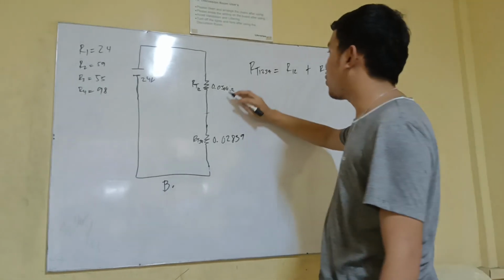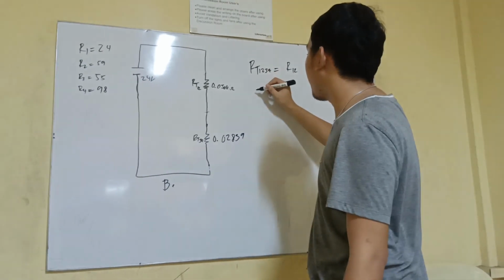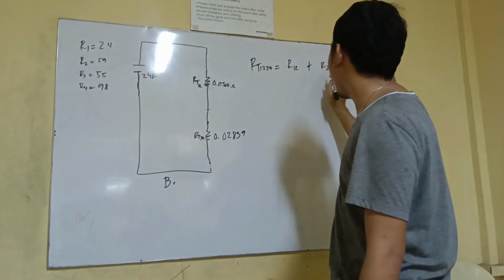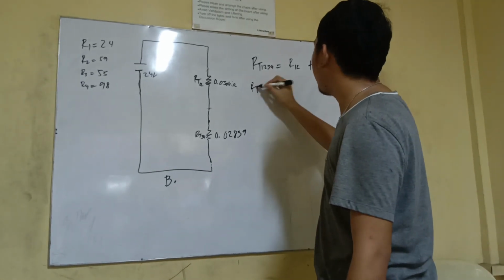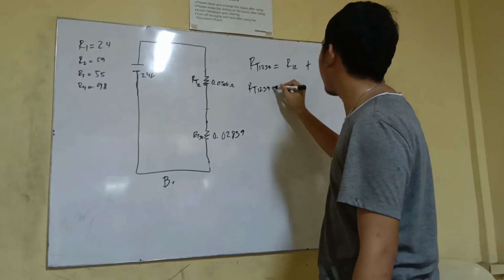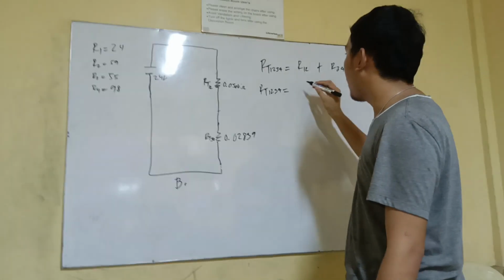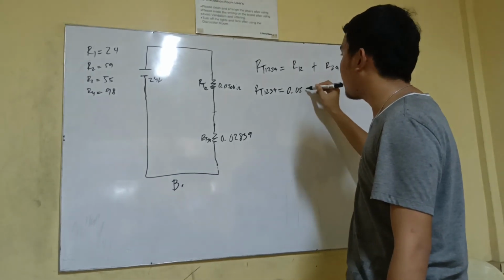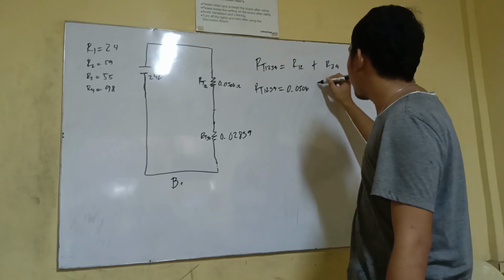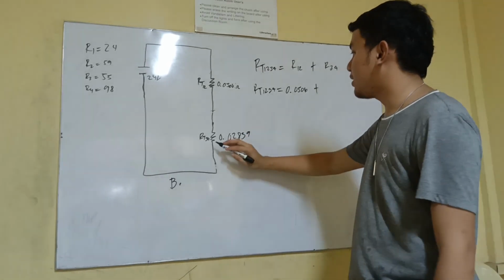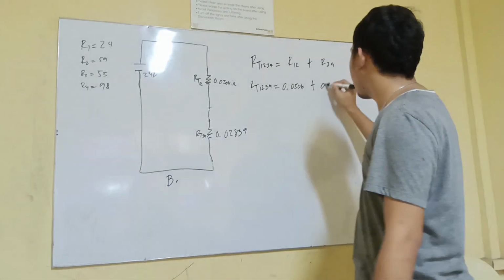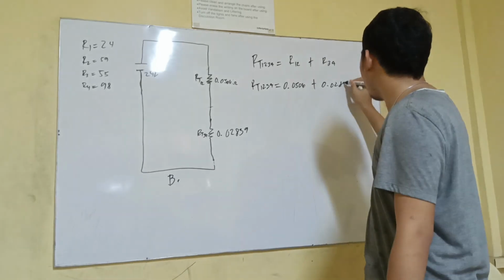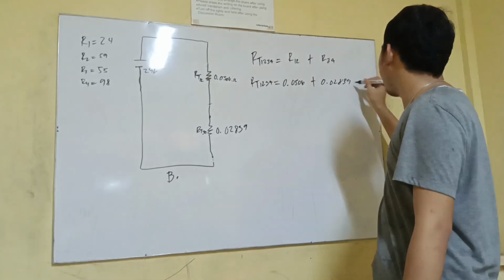We distribute the values of R12 and R34: 0.0506 plus 0.02839.